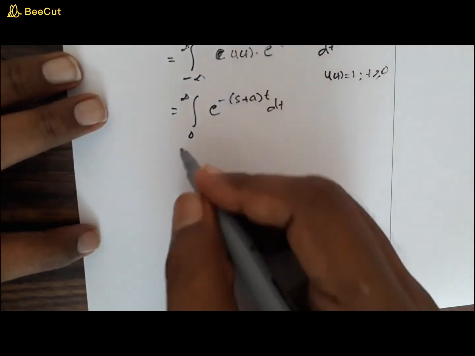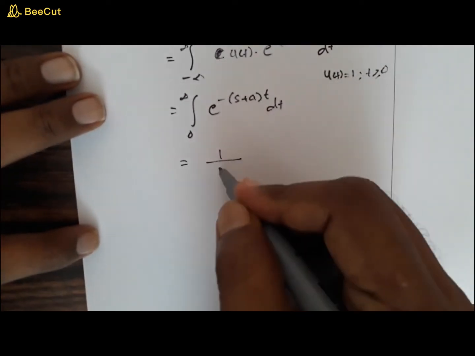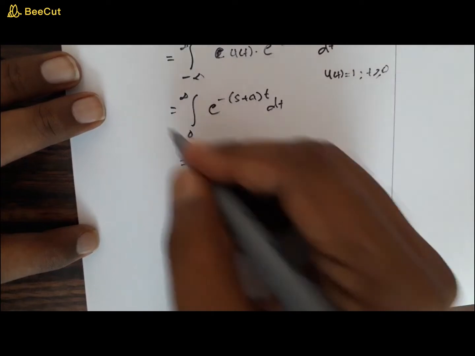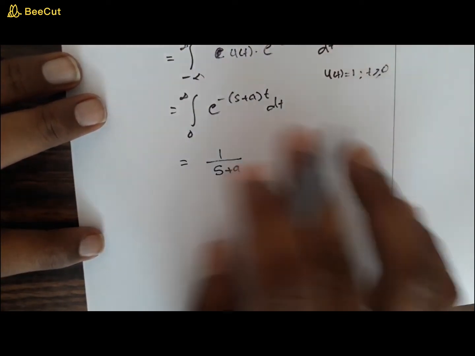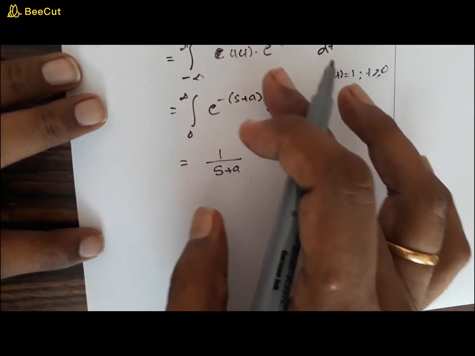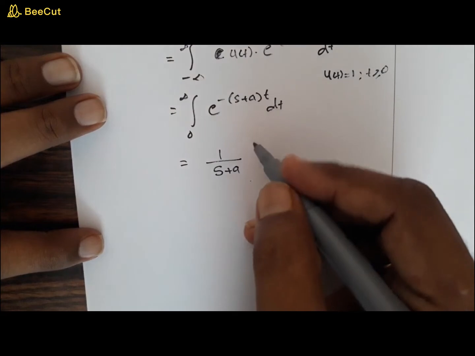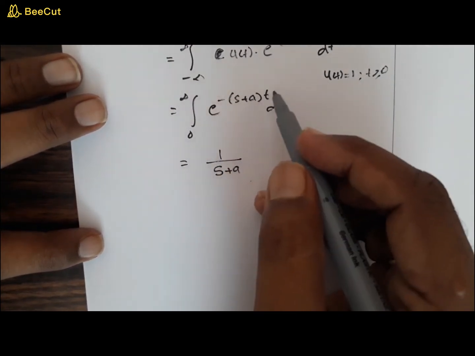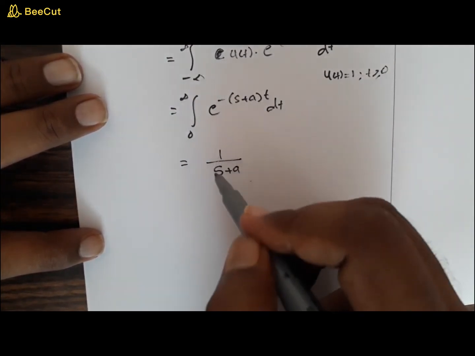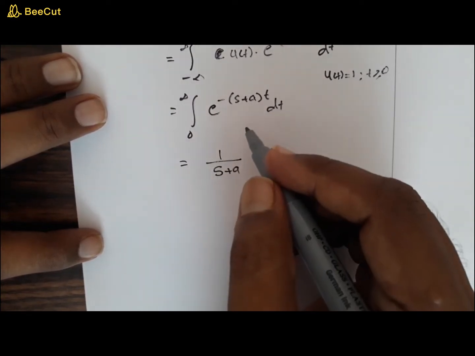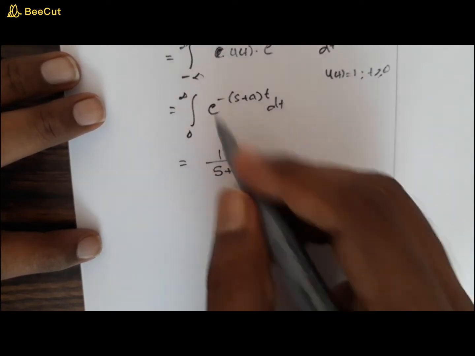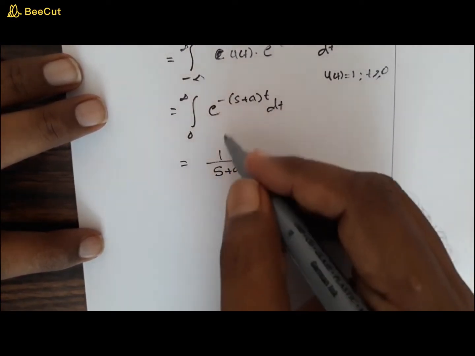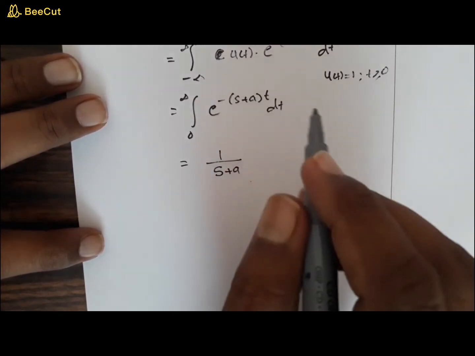This is the integral we can integrate. Now when you integrate, this is going to be 1 by s plus a. That's very simple: the integral of e raised to minus s plus a into t is e raised to minus s plus a into t divided by minus s plus a. Now applying the limit from 0 to infinity, you will get this. You can do that by yourself; it is a simple integration.